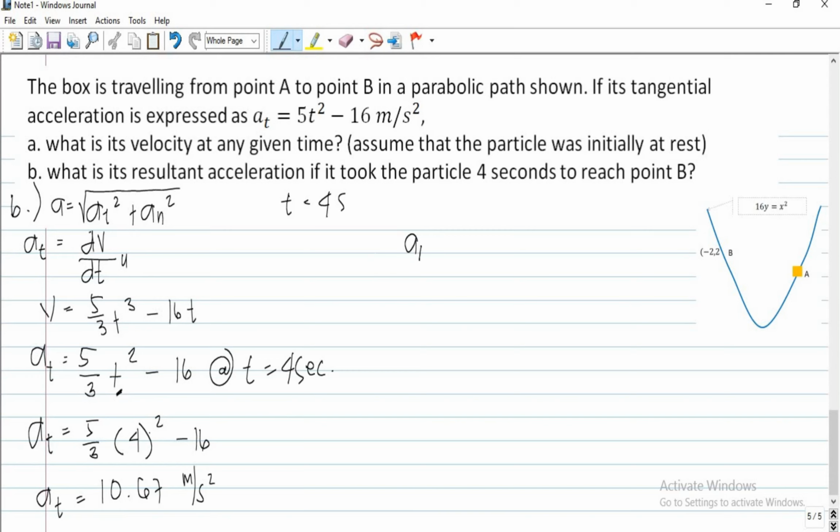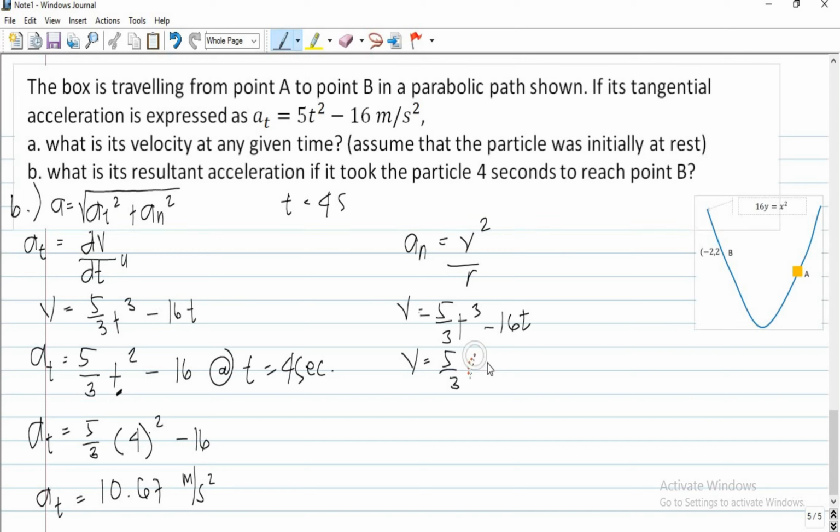Now, for my normal acceleration, we know that normal acceleration is equal to v squared over r. Wala akong problema sa v kasi alam ko na to. That v is equal to 5 over 3 t cubed minus 16t. So, isubstitute ko lang yung 4 seconds. Nagiging 5 over 3 times 4 cubed minus 16 times 4.